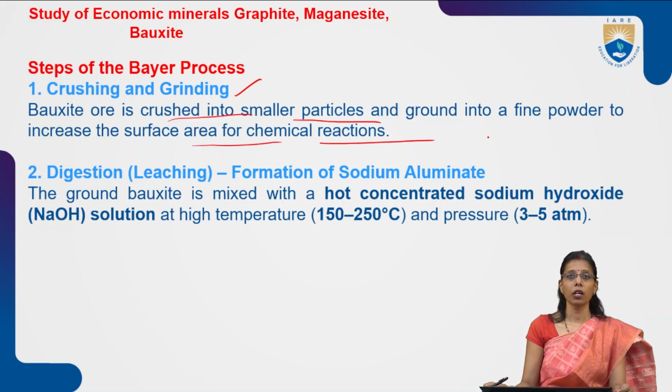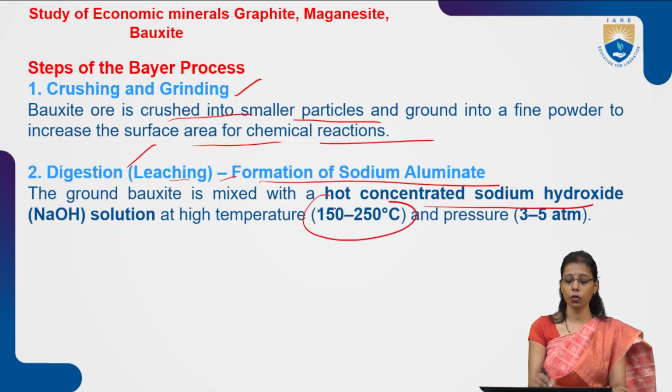The second thing is digestion, which is leaching basically, with formation of sodium aluminate. The ground bauxite is mixed with hot concentrated sodium hydroxide solution at high temperature, 150 to 250 degrees Celsius, and a pressure of 3 to 5 atm.